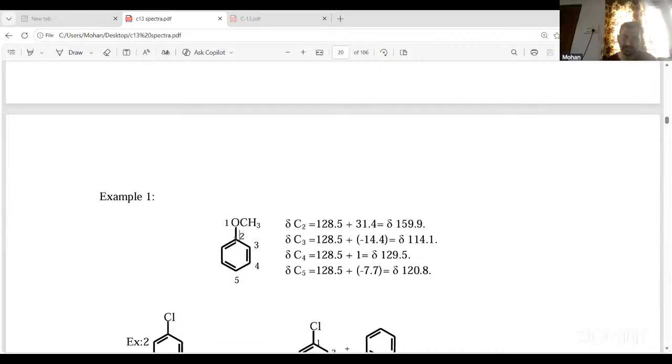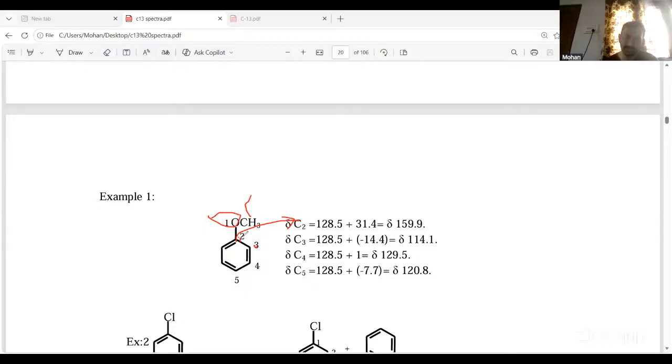Now the C2 carbon. For this carbon, the chemical shift value is this one. Actually here 1, 2, 3 and 4. This carbon is mentioned as 1 in the ring, but because of the non-equivalence, this carbon is also considered, which is why it is labeled as 1 here.